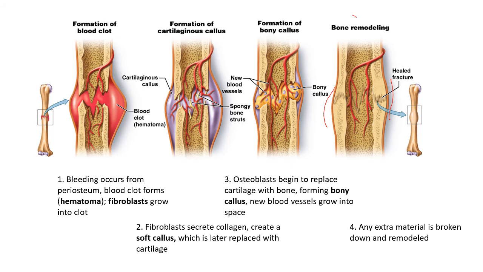And what I want to talk about is this bone remodeling process. So that's the next topic that we're going to look at, because not only is bone remodeling important during the healing of a fracture, but this is actually a process that's occurring pretty constantly in our body to help regulate the levels of calcium that we find in our blood.